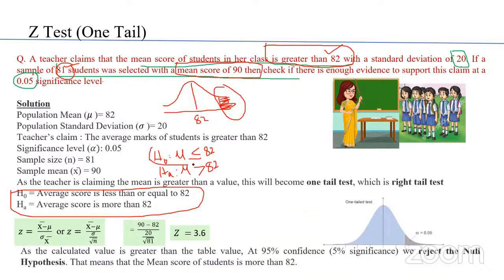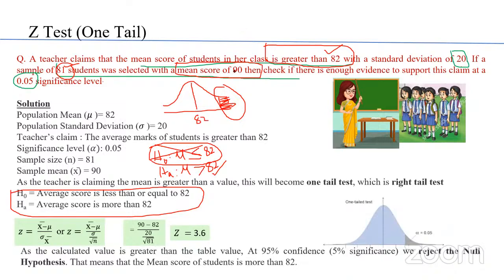That means the null hypothesis stating less than or equal to 82 is not correct. Whatever the teacher is confident about is absolutely fine, and we accept that. That's why we tell that we reject the null hypothesis. Is that clear? Clear or any doubts?